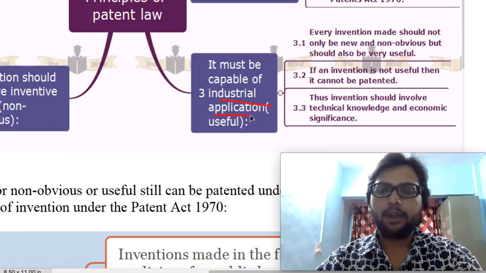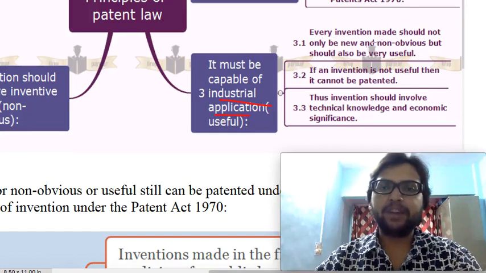Remember, only those inventions which are new, non-obvious, which are not known to anybody till now, plus if they are industrial specific, they are useful or helpful anyway in our public domain, then only those ideas are considered to be patent category ideas, or those ideas are eligible for patent.